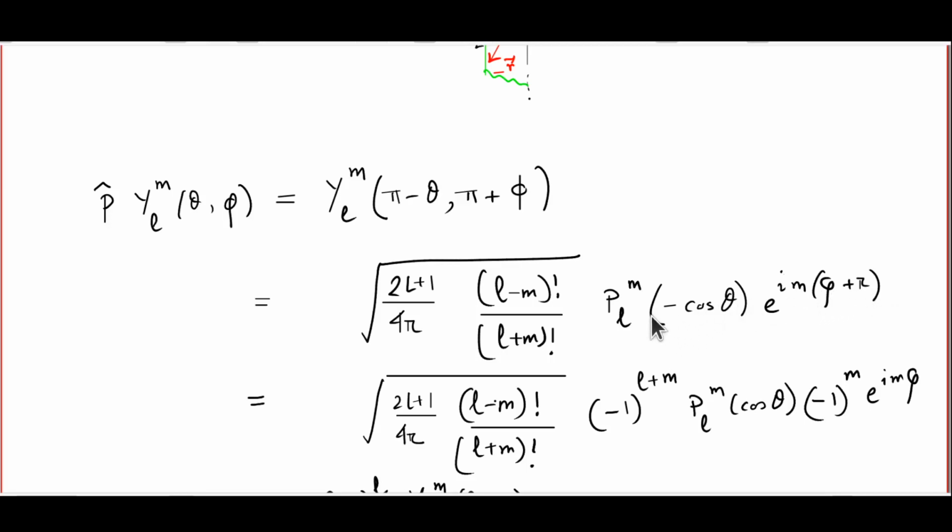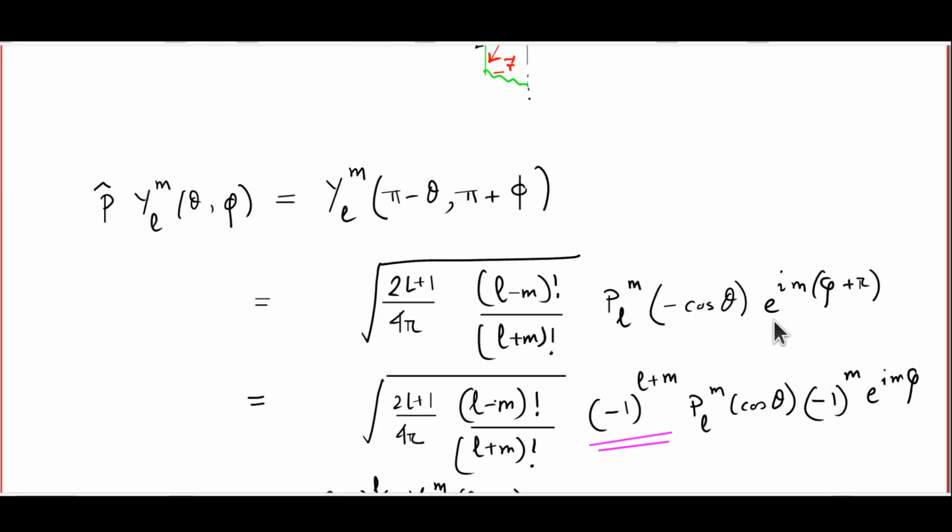Now remember that we already have worked out that when you change the argument of P_lm(z) to minus z, it picks up an extra phase factor of (minus 1) to the power l plus m. That's the extra sign factor that you get from the change in P_lm.